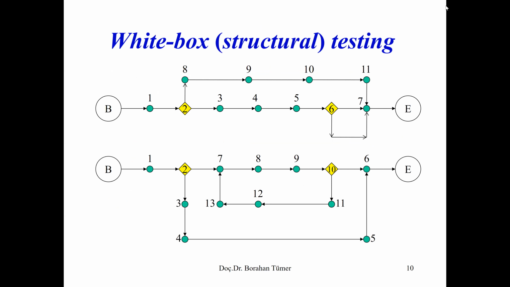Okay, these were graphical examples about the paths. We said that we have examples of paths, like this one is a path, this one is another path, and this one here is another path. We also mentioned the concept of independent paths.